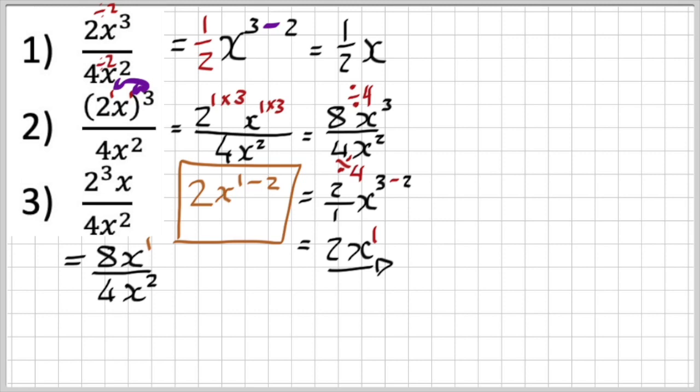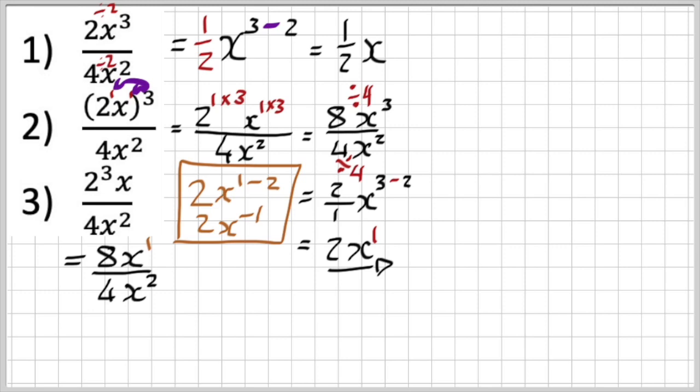Now, if you haven't done integers, this will freak you out completely. Because how do I subtract 2 from 1? Once you've done integers, you can actually just say that is 2 times x to the minus 1. But if you haven't done integers, this will freak you out.